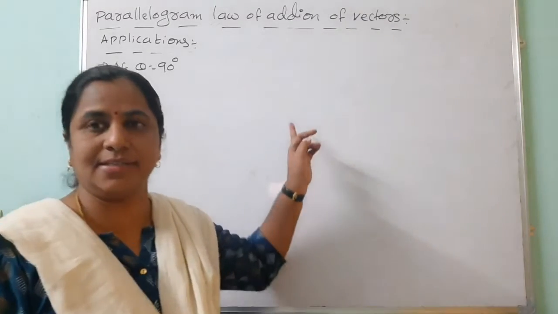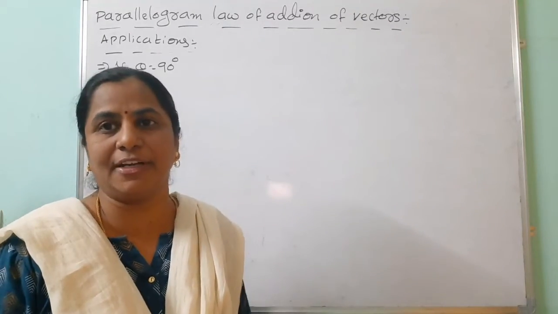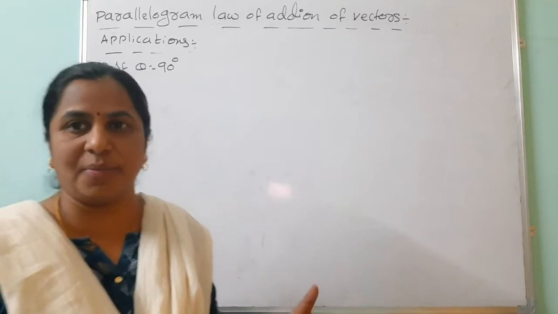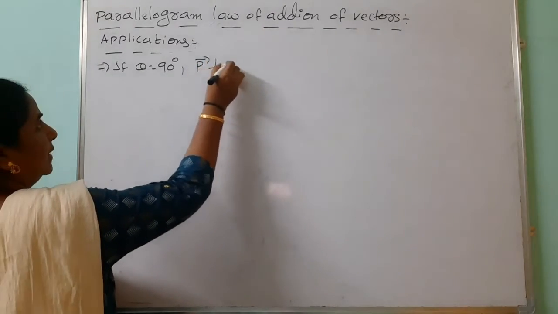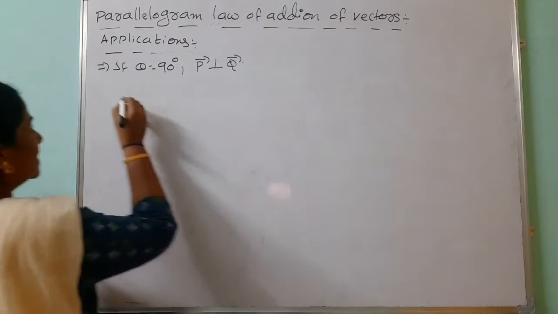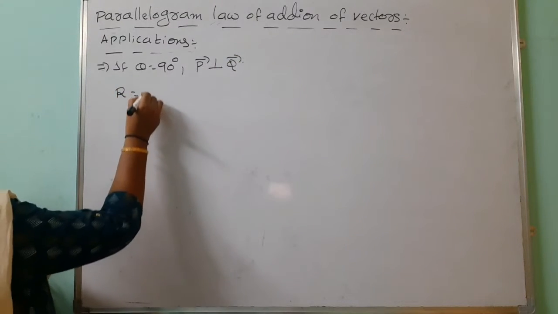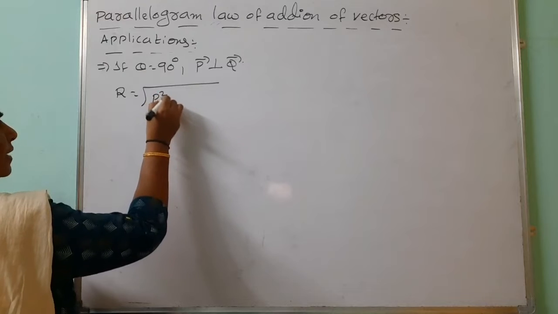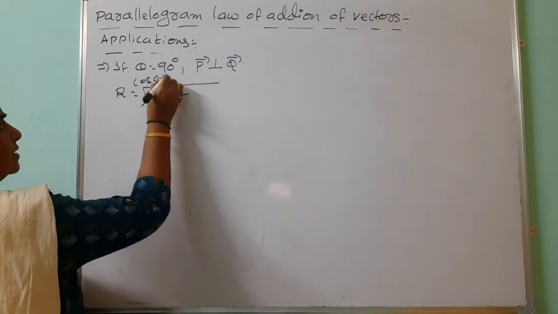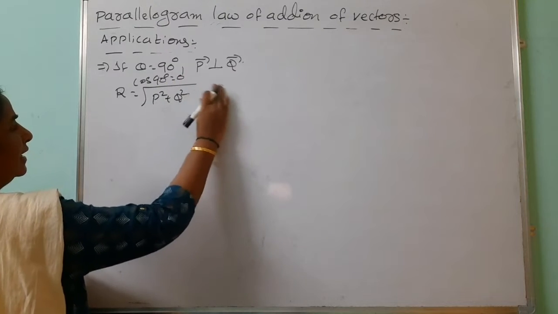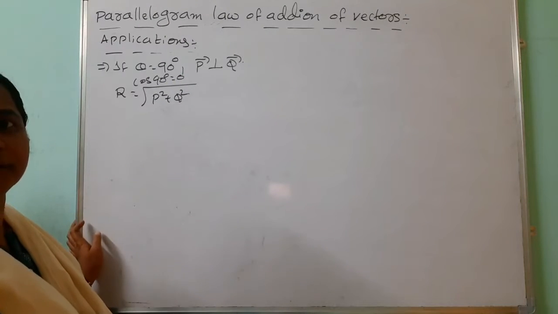Next application: if two vectors are perpendicular to each other, the angle is 90 degrees. Look here. P bar is perpendicular to Q bar. In this case, how do we find the resultant? Same, under root P square plus Q square plus 2PQ cos 90, and cos 90 is 0. Simply you get under root P square plus Q square.